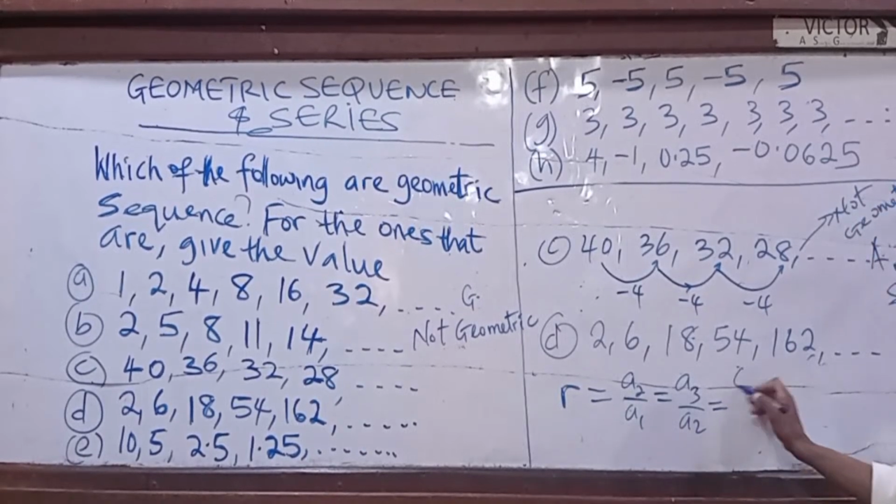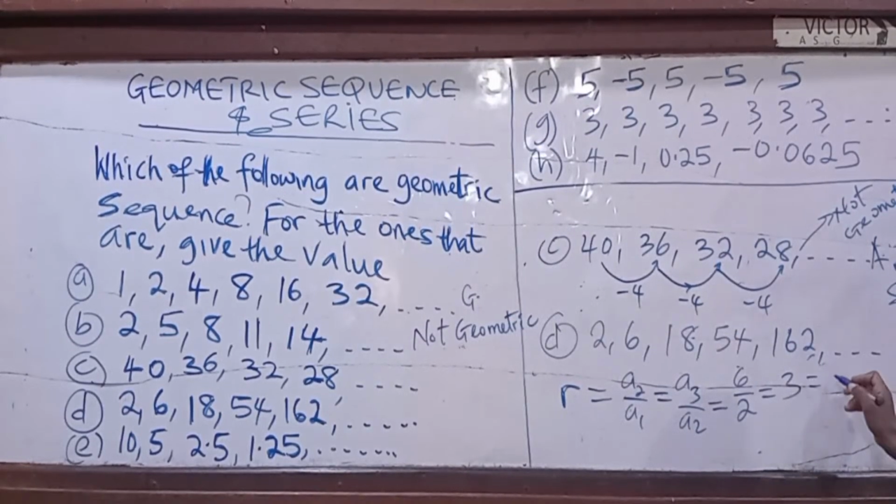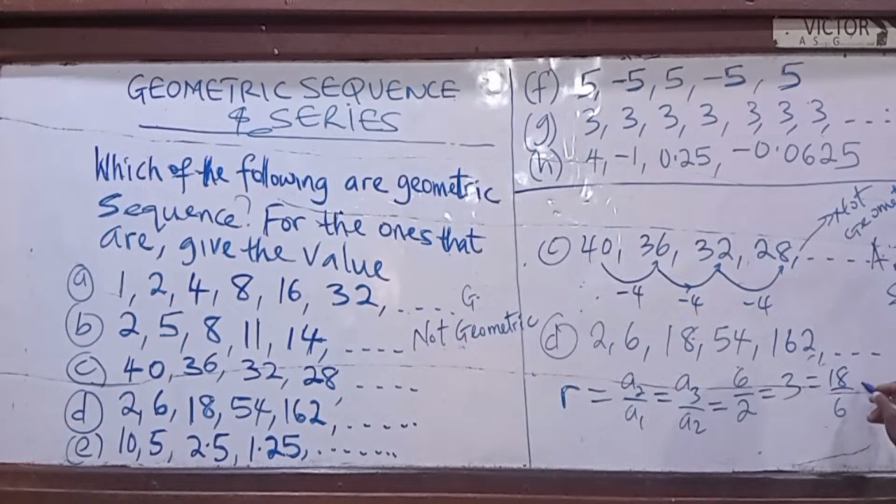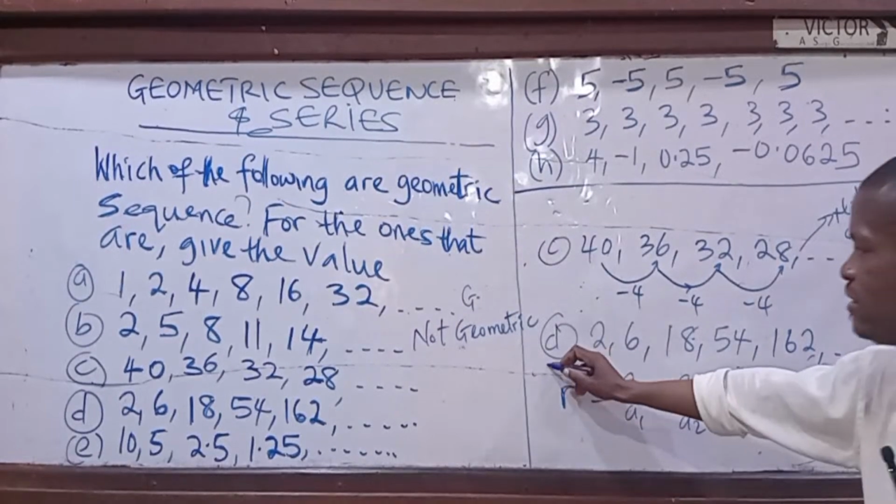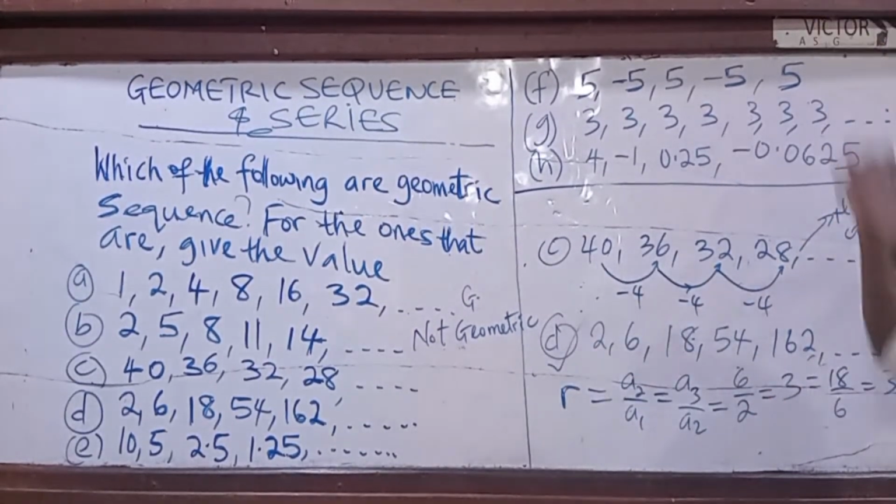That is 6 over 2, which is 3, which must also equal 18 over 6, also 3. So this D part is geometric.